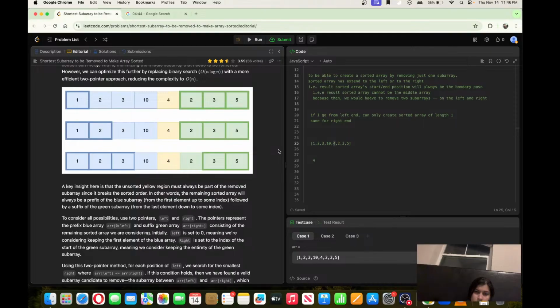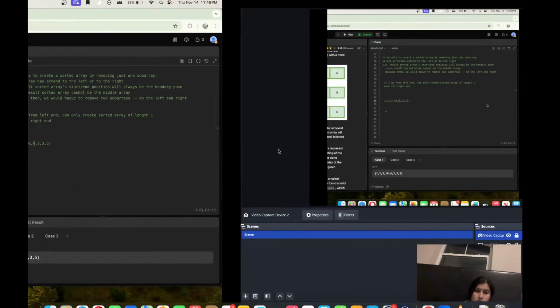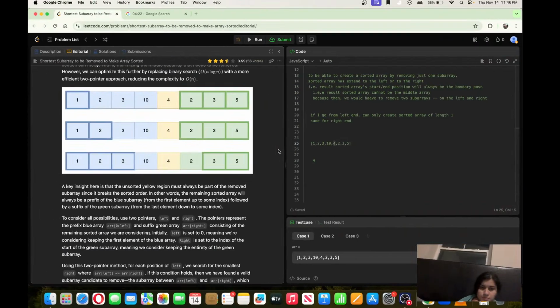In other words, the remaining sorted array will always be a prefix of the blue subarray from the first element up to some index, followed by a suffix of the green subarray from the last element down to some index.